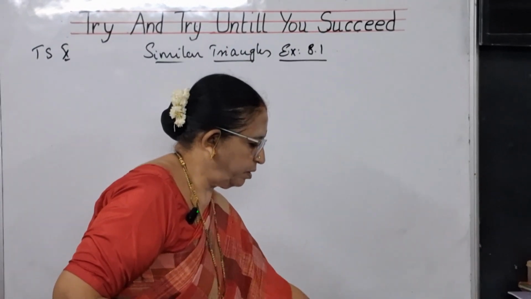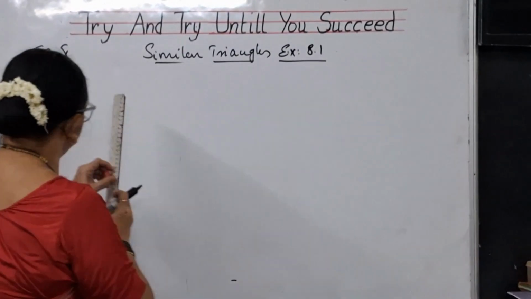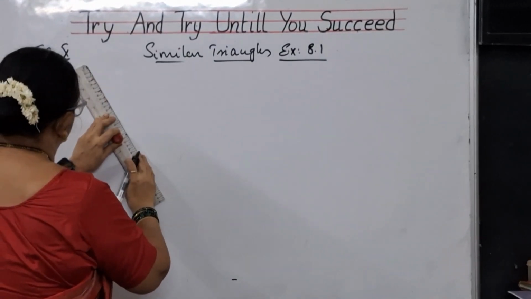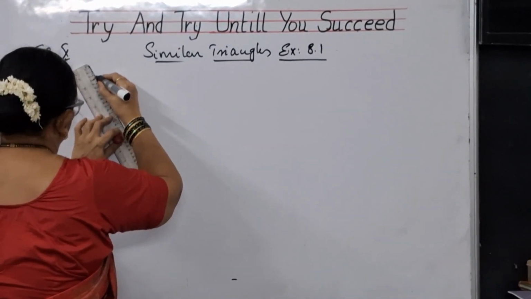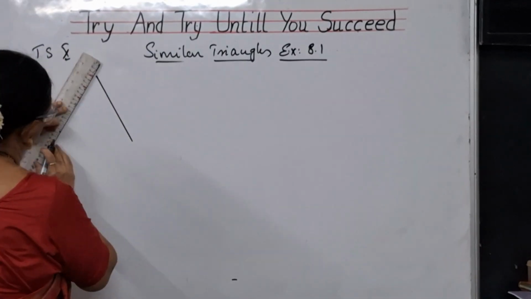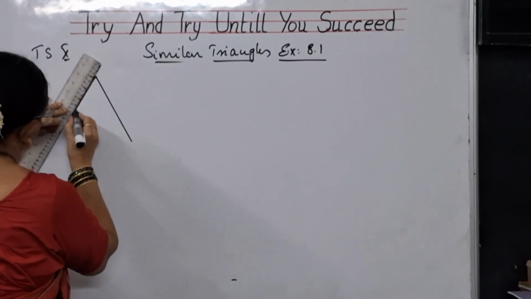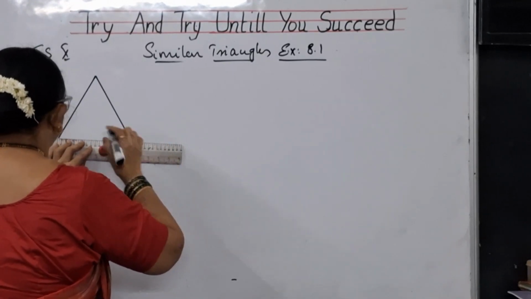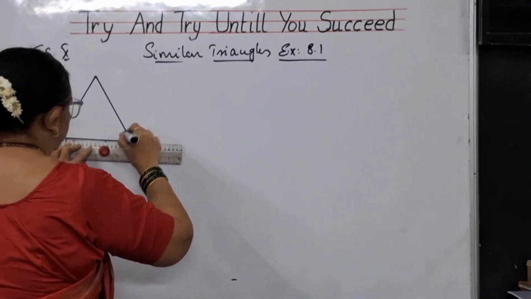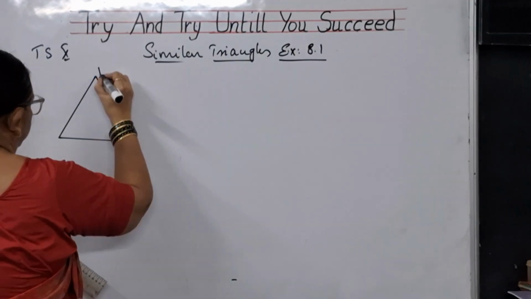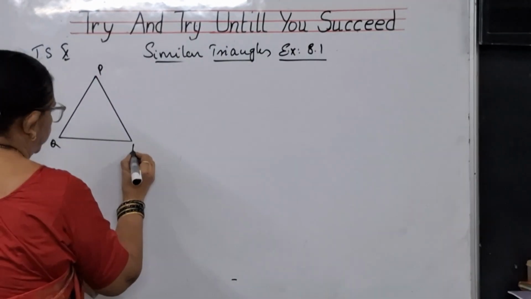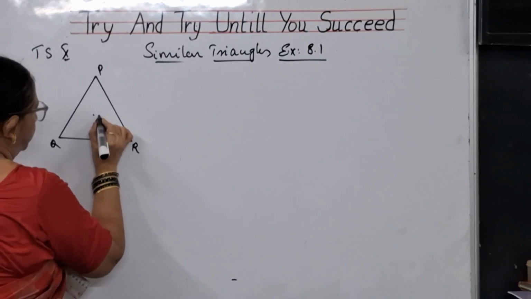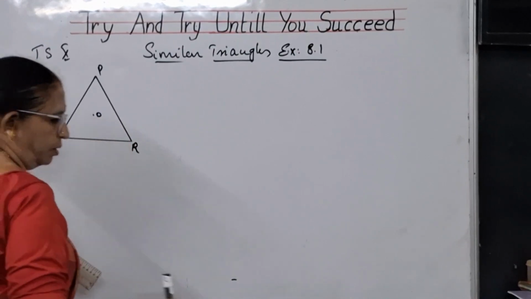Now seventh one, again you have got a figure. A triangle is given to you. This triangle is PQR and a midpoint O is given.